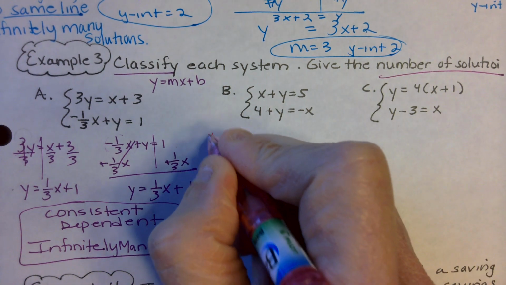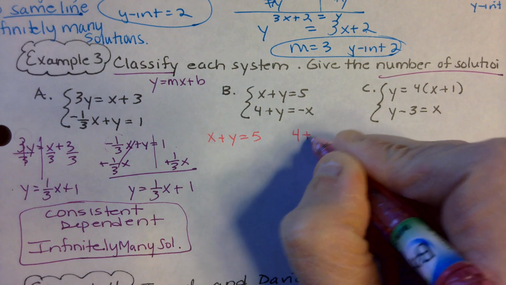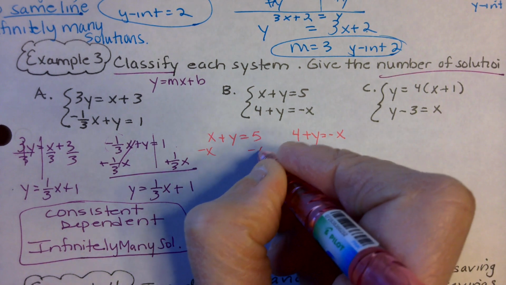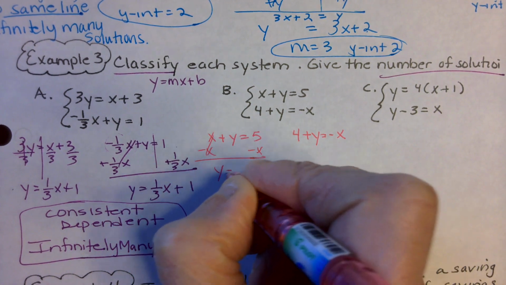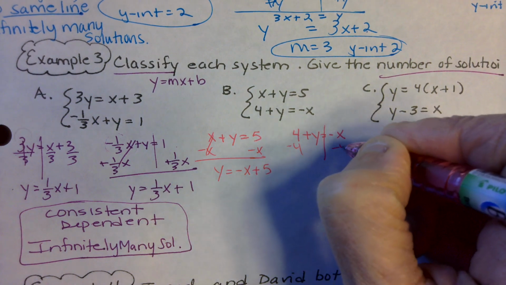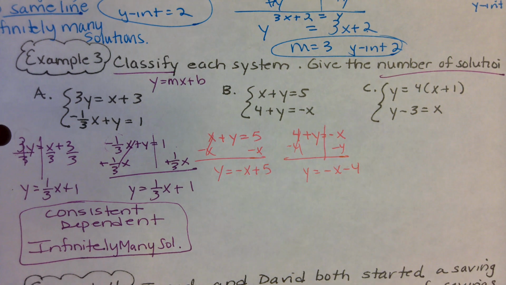All right, next up. So go and copy your problems side by side so that we can have a good comparison of what's happening here. Solve for y. Minus x, minus 4, minus 4. There's my two equations.